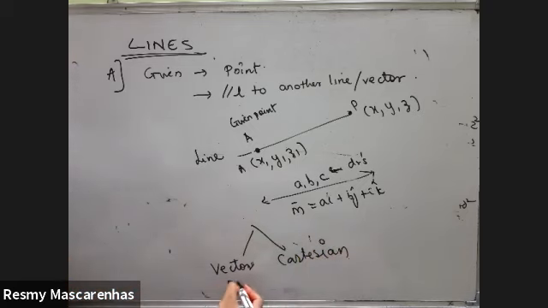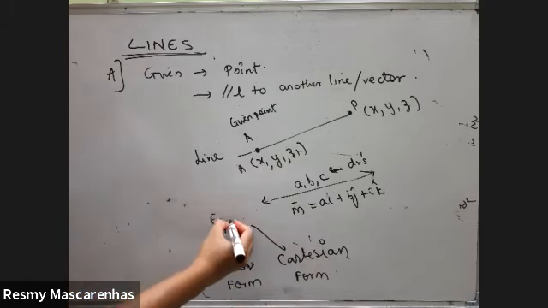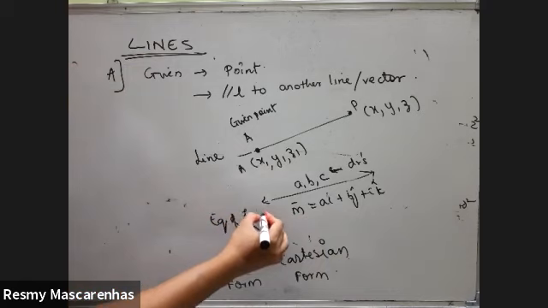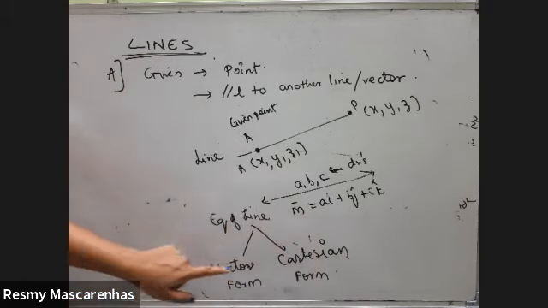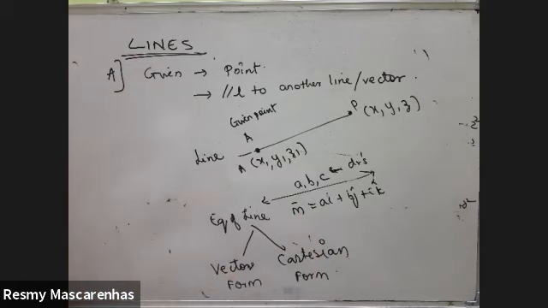Any equation of a line can be written in two ways, the vector form and the Cartesian form. Sometimes they ask you to write both ways: write the vector and Cartesian equation of a line. Sometimes they'll ask you only Cartesian, sometimes only vector. But you have to know how to find it both ways.